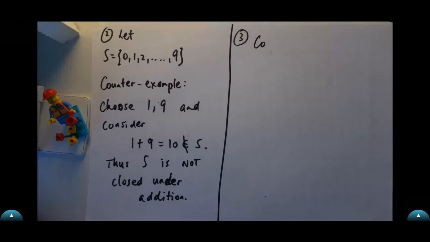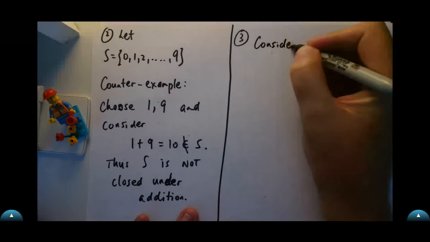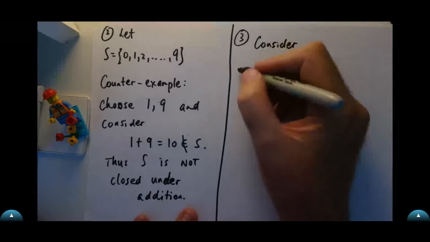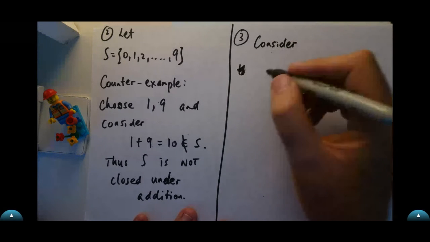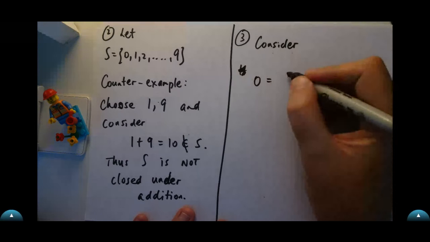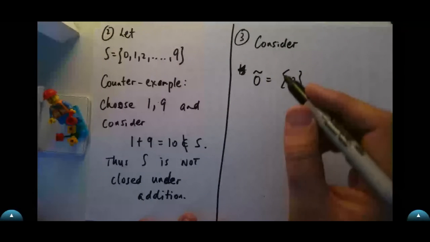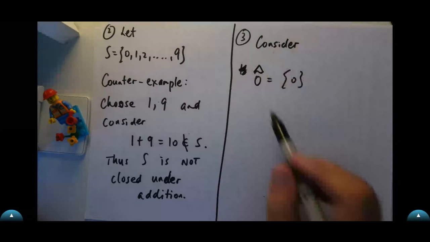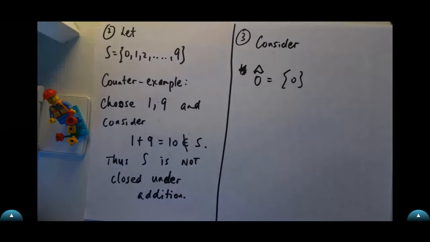Okay, so back to the program. So consider the set. Let's call it S. No, O for Oliver. I'll put a little hat over it, that's my funny way of making it different.